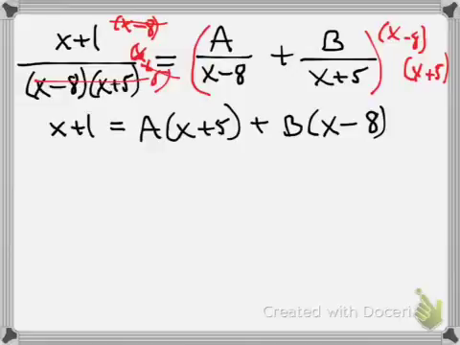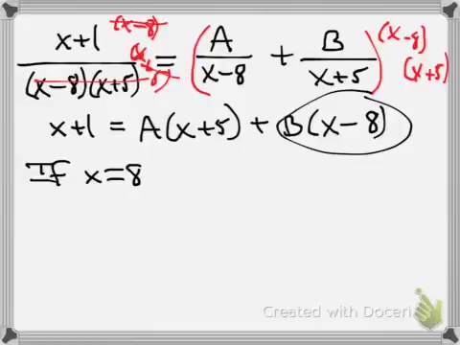Now from here we just need to figure out values of A and B by choosing convenient values of x that will help us get rid of some of these terms. So if I let x equal 8, then the term involving B will cancel. All of this will become 0.